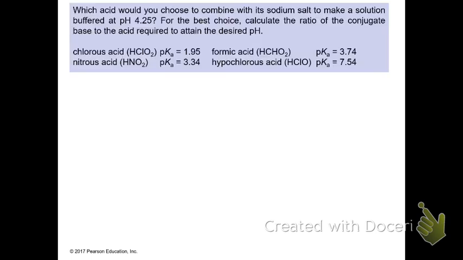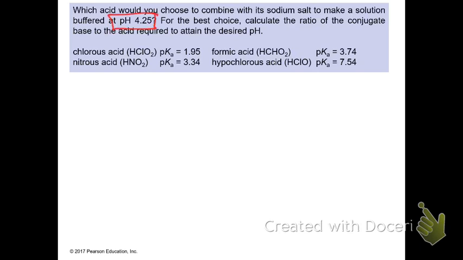Which acid would you choose to combine with its sodium salt to make a solution buffered at pH 4.25? And for the best choice, calculate the ratio of the conjugate base to the acid required to attain the desired pH.